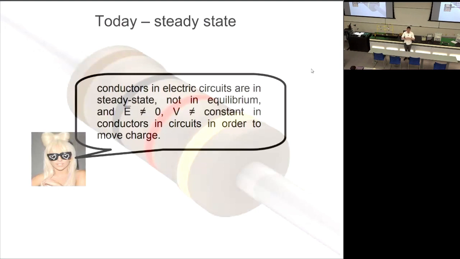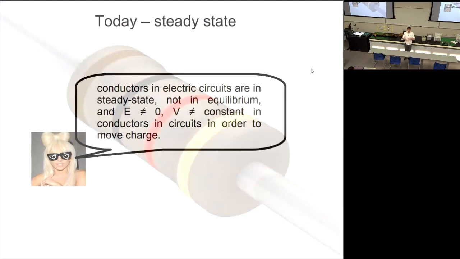So they're not landscapes of zero electrical field. They're not landscapes of constant electrical potential. They're in what we call steady state. In steady state, charge is flowing through the conductors. Electrical current is flowing through conductors. That's not equilibrium. That's steady state.